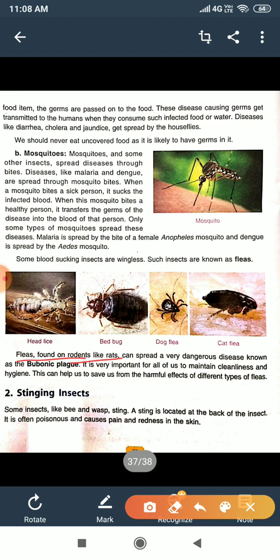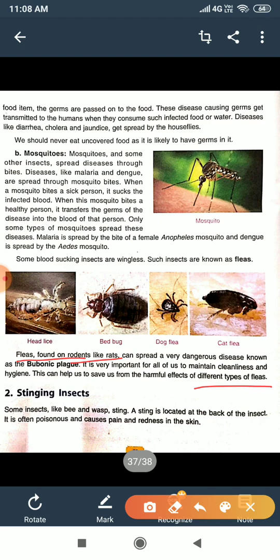It is very important for all of us to maintain cleanliness and hygiene. This can help us save ourselves from the harmful effects of the different types of fleas. So this is all about mosquitoes and house flies. They are the disease spreading insects.